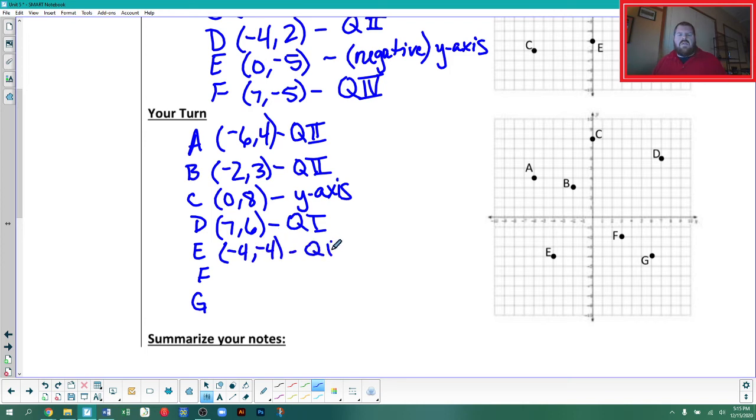That's in Q3. F is at 3, -2. And that's in Q4. And G is at, looks like 6, -4.